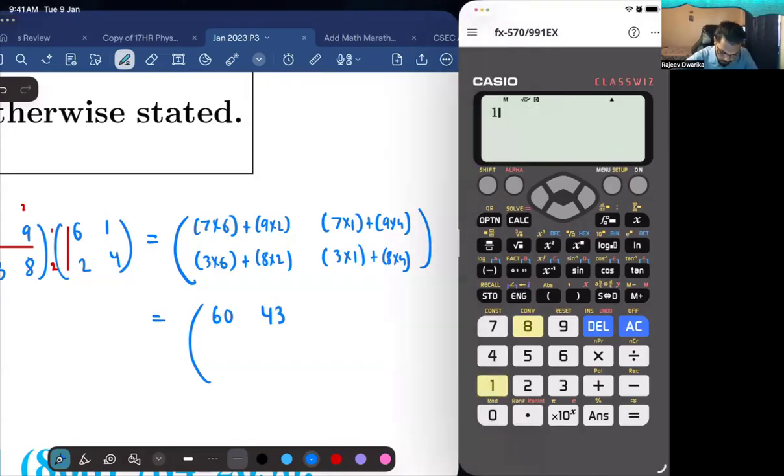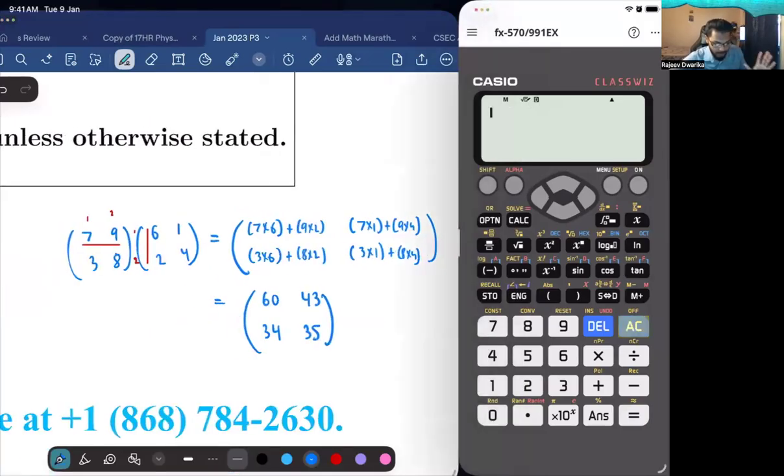Let me make sure. 18 plus 16, 34. 3 by 1 is 3. 8 by 4 is 32. So that'll be 35. Okay, so that's the answer we're supposed to get.